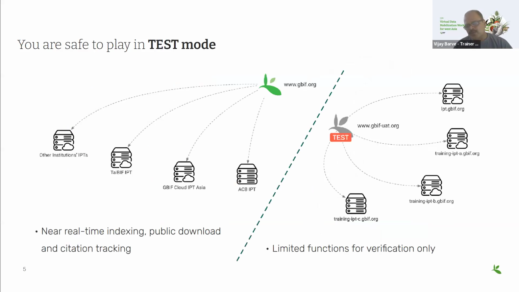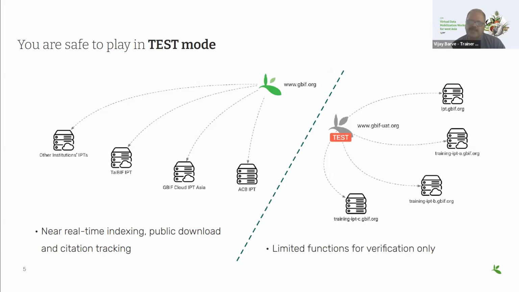What we are going to use today is the training IPT, or the test IPT. We are pretty safe in using the training or test mode because it has a limited reach. It is not going to make your data go online or public.